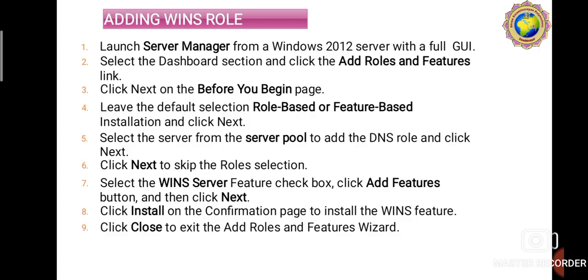Then select the server from the server pool to add the DNS role and click next. Then click next to skip the roles selection. Then select the WINS server features from the checkbox, click add features button and then press the next button. Then click install on the confirmation page to install the WINS features and click close to exit the add roles and features wizard.